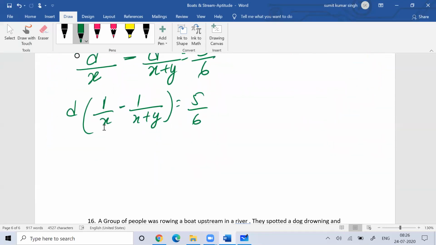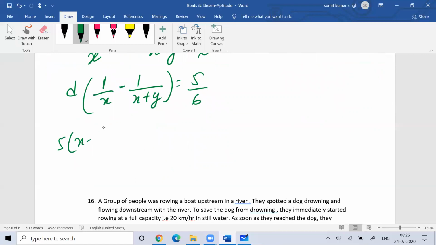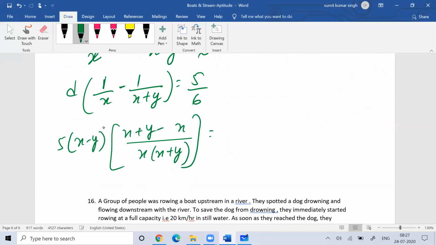In place of d, I can write 5 into x minus y. So 5 into x minus y into x plus y minus x, over x into x plus y, is equal to 5 by 6.